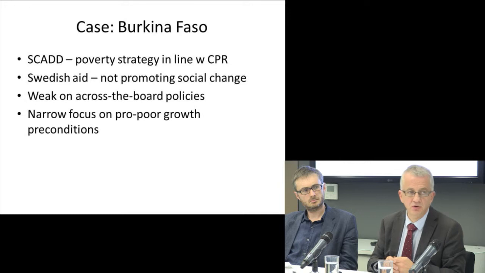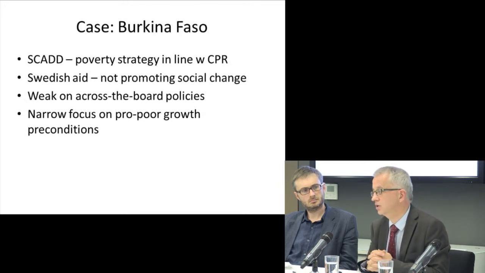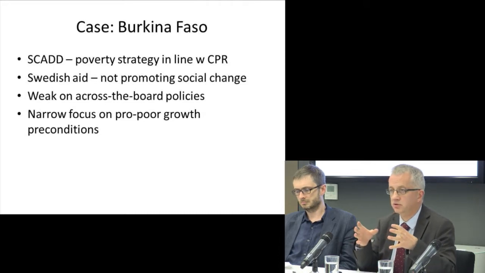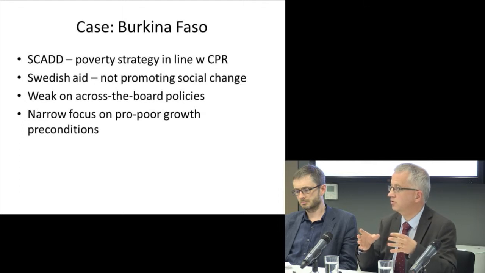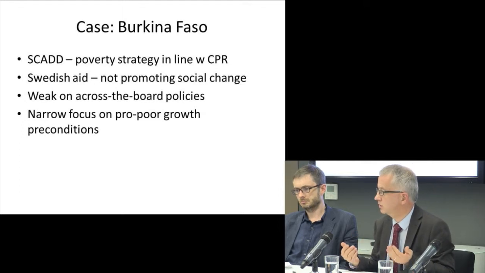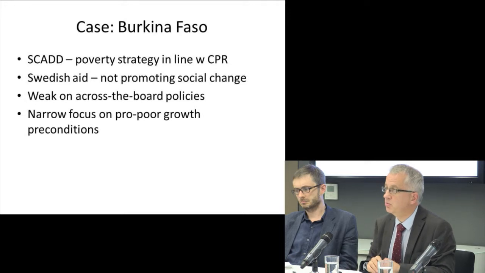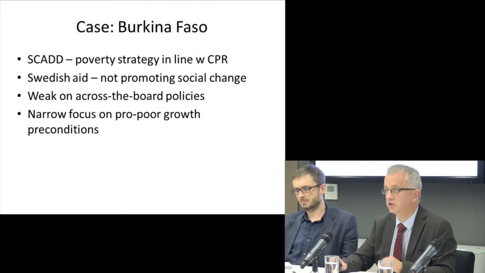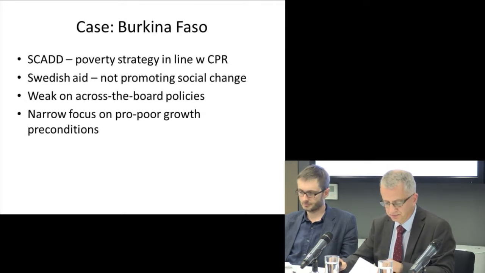Sweden is not involved in agriculture in Burkina Faso. It's building a lot of dams for keeping water so that you can use it during the dry season for cultivating vegetables, for instance, but not raising productivity in the agriculture sector more widely.